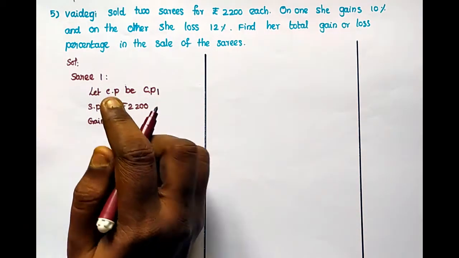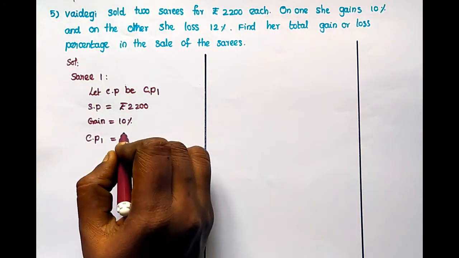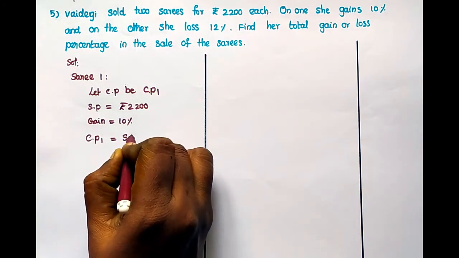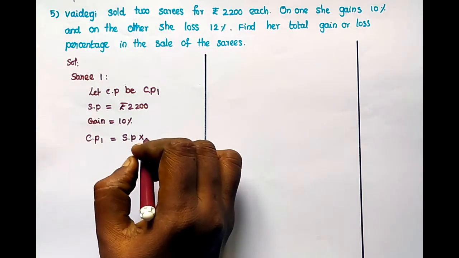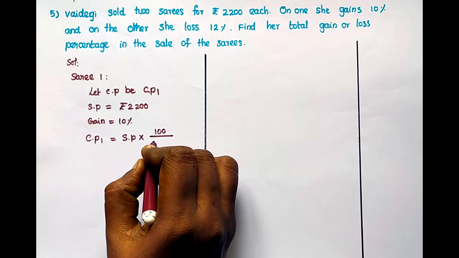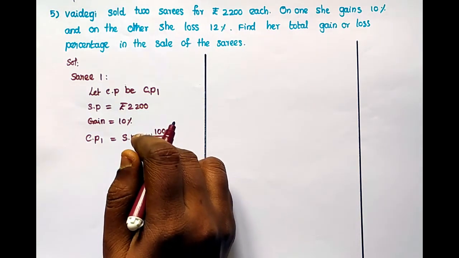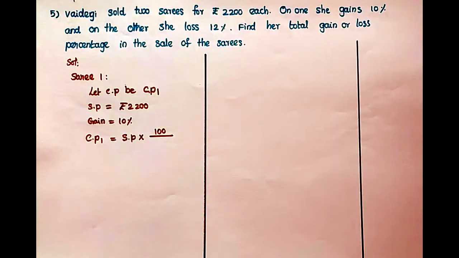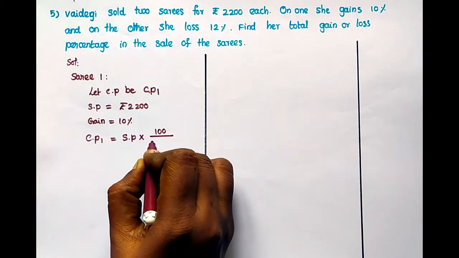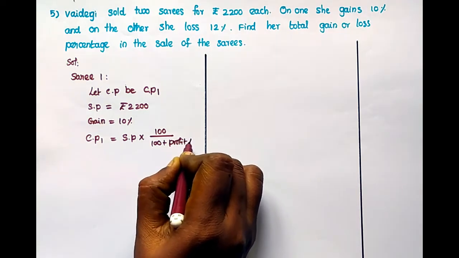How will you find out the cost price? They gave the percentage, so that is selling price into 100 divided by 100 plus profit percentage.